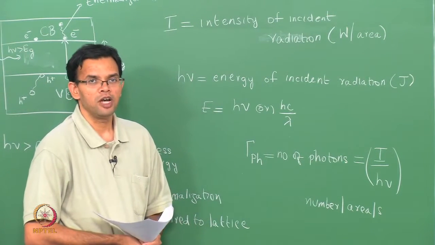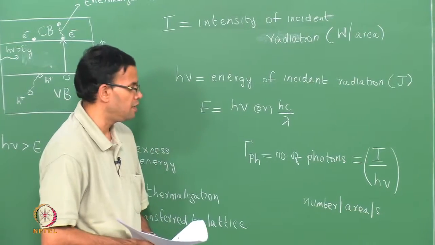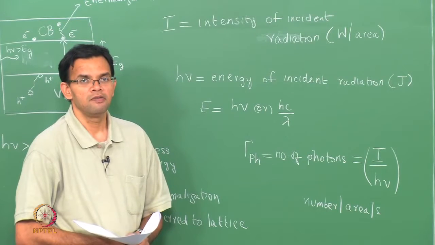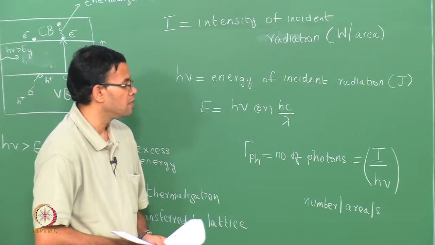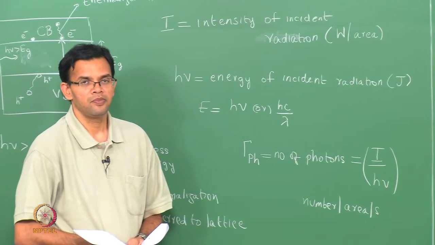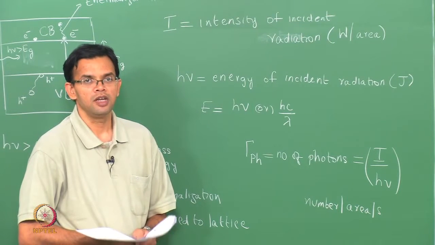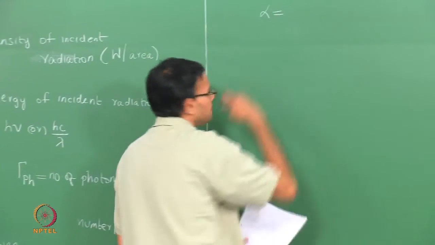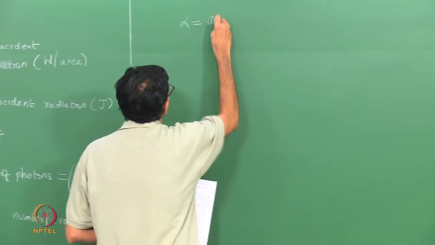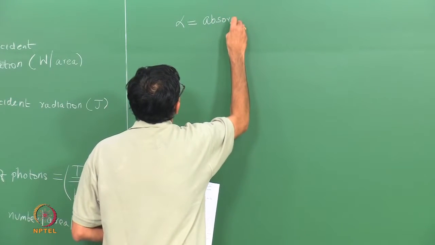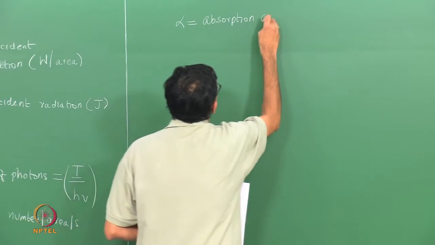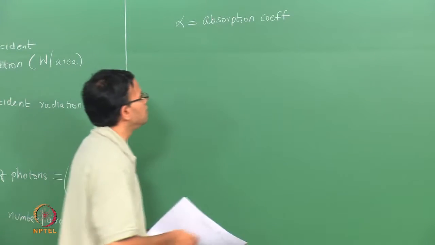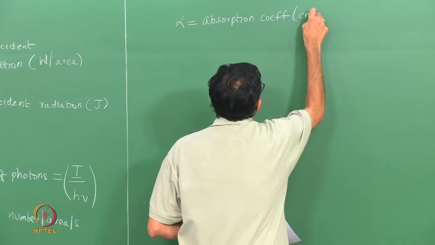So, we talked about the absorption of light by a material, especially a semiconductor, and we say that light gets absorbed when the energy is greater than band gap. So, this we can quantify by introducing a term called the absorption coefficient. So, we define a term alpha, where alpha is called the absorption coefficient. It has units of centimeter inverse or length inverse.